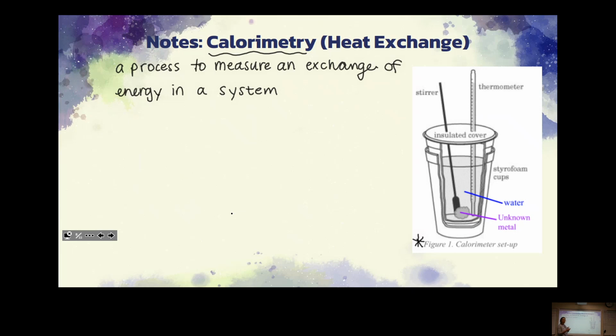There's going to be a transfer of energy from metal to water. When we do this in lab, we're going to heat up the metal as hot as we can get it, probably about 100 degrees Celsius, and transfer it into water that would be at room temperature.